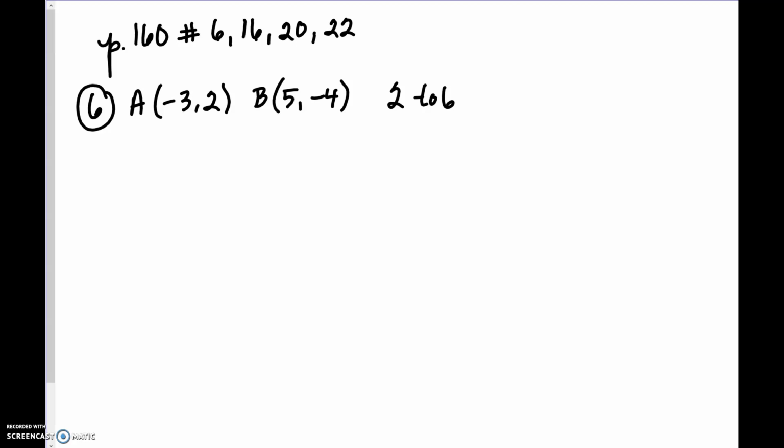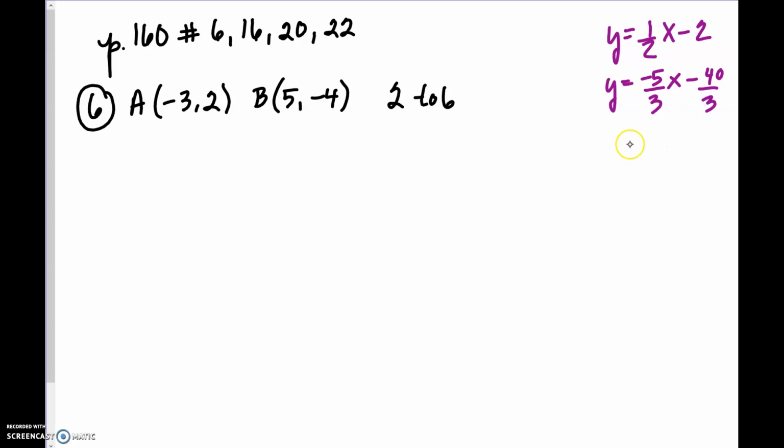So number 6, the answer is -1, 0.5. Number 16, the answer is y equals 1/2 x minus 2. Number 20, that answer is y equals -5/3 x minus 40/3.